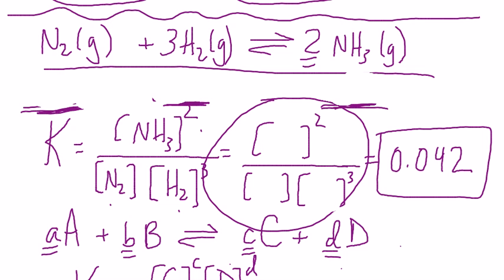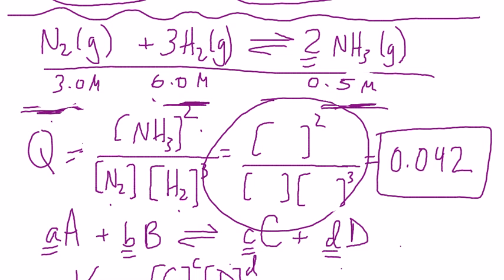If instead we have 3.0 moles of this, 6.0 moles of this, and 0.5 molar of this, and we plug these values into our equilibrium expression, but instead of calculating K, we are calculating Q, the snapshot at any one time, we get 0.5 squared divided by 3 times 6.0 raised to the third power.